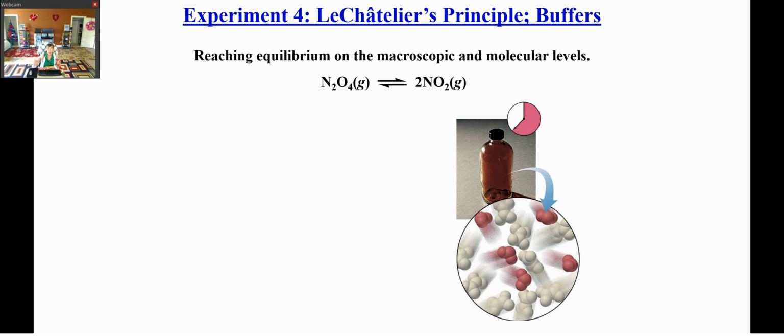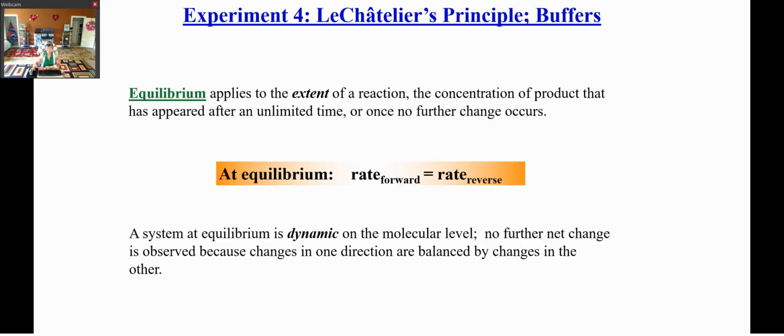There is no net change in the formation of nitrogen dioxide. So this is nitrogen dioxide. At this point, you consider this reaction to have reached equilibrium from the macroscopic and the molecular perspective.